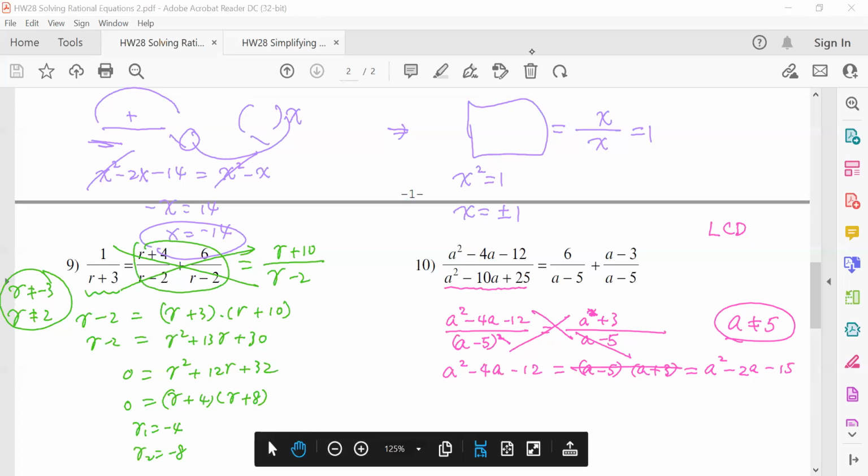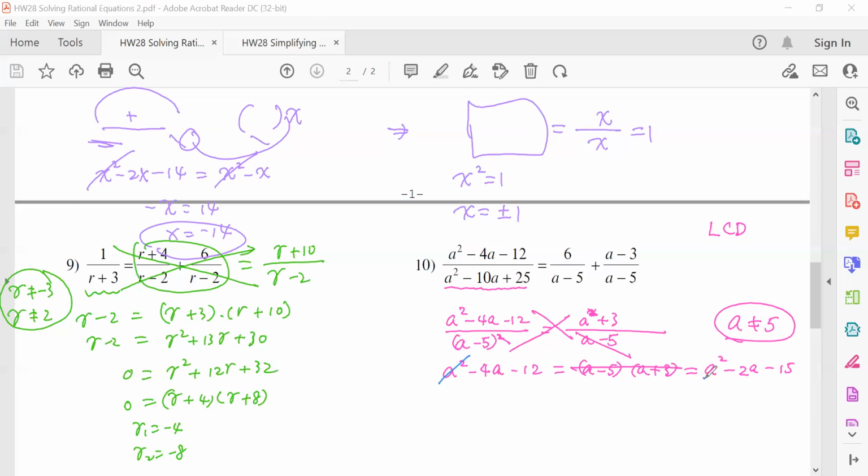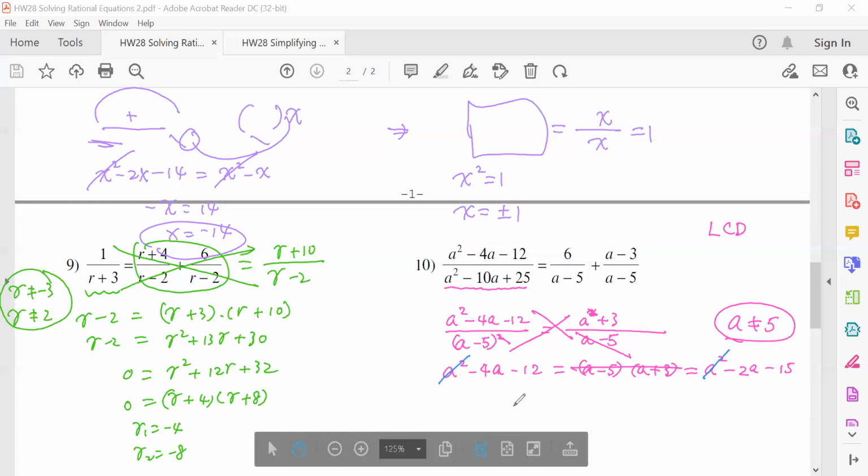Okay, so what do we find here? So a squared is all gone, right? So here combined together became negative 2a, and the right part became negative 3. So a equals 3/2. Right? Did you guys' answers match mine?